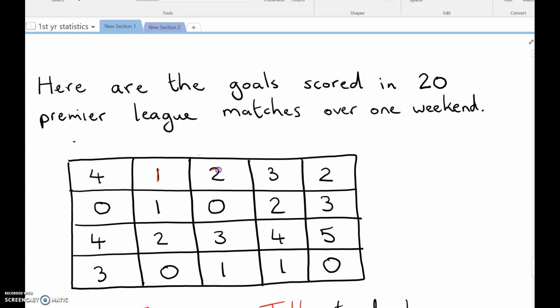In another there were 2 goals scored. In another match there were 3 goals scored. In another match there were 2 goals scored, etc., etc. They're all listed there. There were 20 matches, so there are 20 results. Okay, 1, 2, 3, 4, 5, 6, 7, 8, 9, 10, up to 20. They're all there. Okay? Now, what do we have to do?